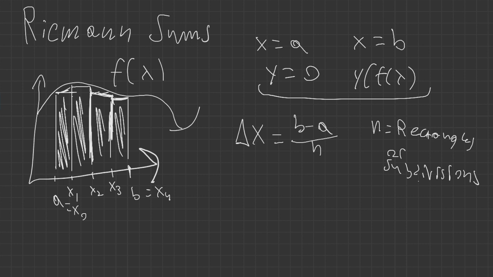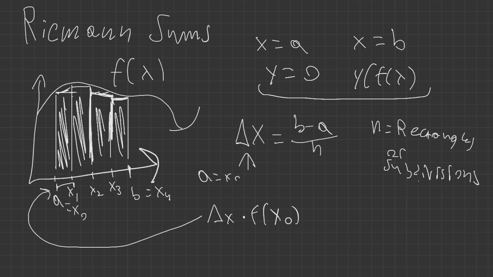And so the way that you can do that is you can say delta x, which is our change in x, which is also our gap between each line, or the width of our rectangle, multiplied by f of x0. F of x0, which we know a is equal to x0, is also equal to the height of this rectangle.